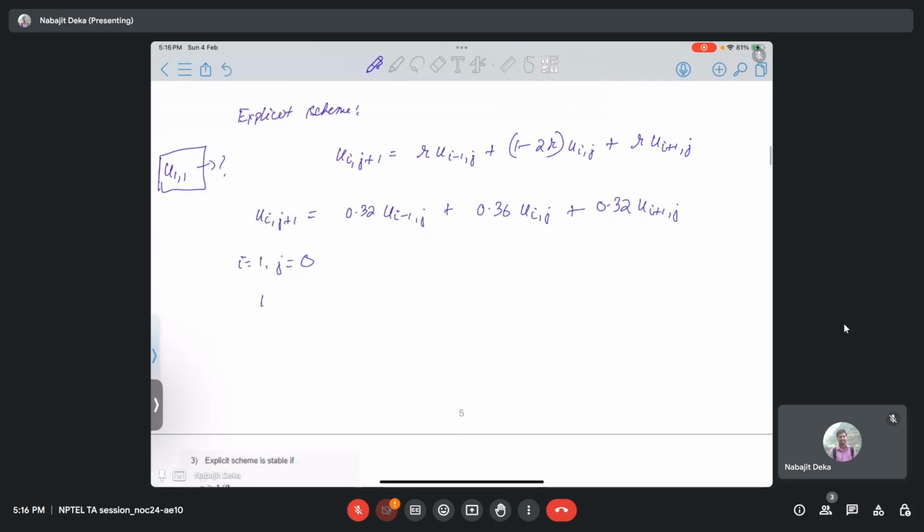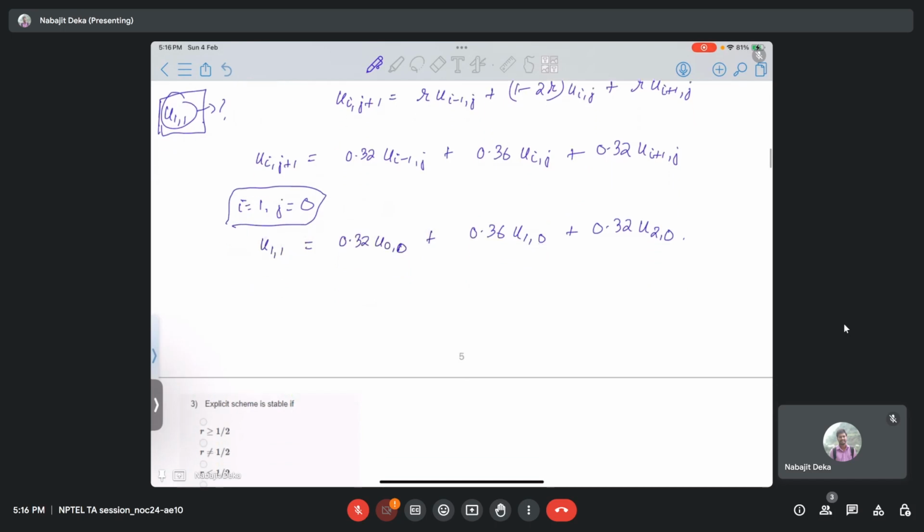So if we put that, u 1 comma 1 will be 0.32 u 0 comma 0 plus 0.36 u 1 comma 0 plus 0.32 u 2 comma 0. So we are just replacing i equal to 1 and j equal to 0 because we require this u 1 comma 1 here.